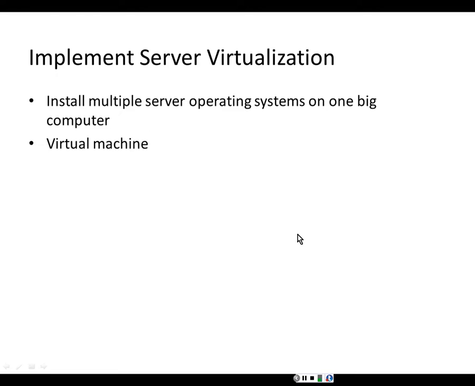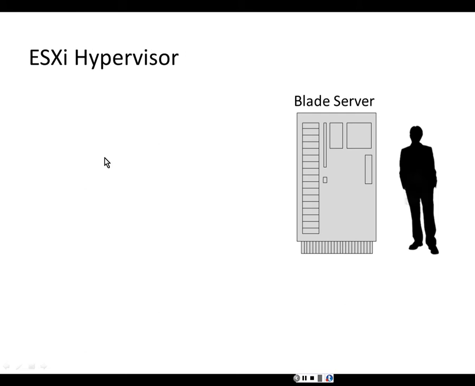So to implement server virtualization, what we do is we install multiple server operating systems on one big computer. And each one of those server operating systems is called a virtual machine. The ESXi hypervisor.